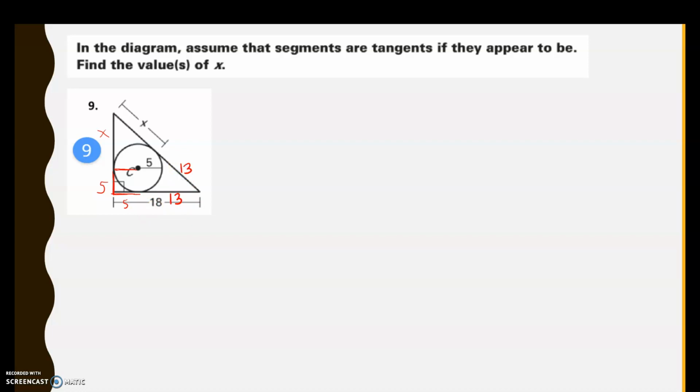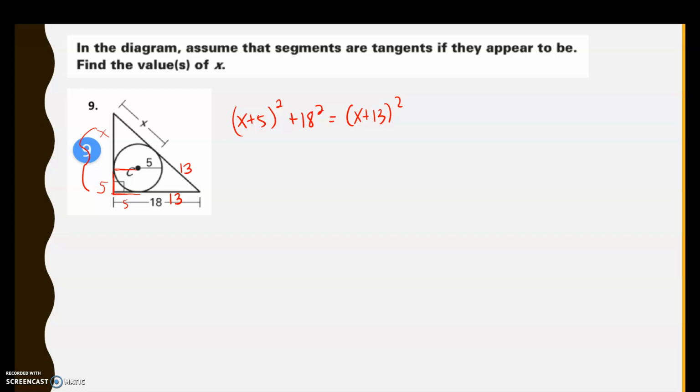All right, so I have all those measurements. Now, how do I find the value of x? Well, they did tell me down here in my triangle that I have a right angle. So that's my clue that I'm probably going to have to use the Pythagorean theorem. Setting this up, I'm going to have my side length here, which is x plus 5 squared, plus this side, which is 18 squared, and that's going to be equal to my hypotenuse, which is x plus 13 squared.